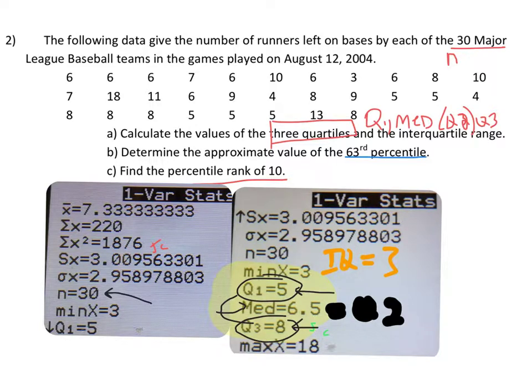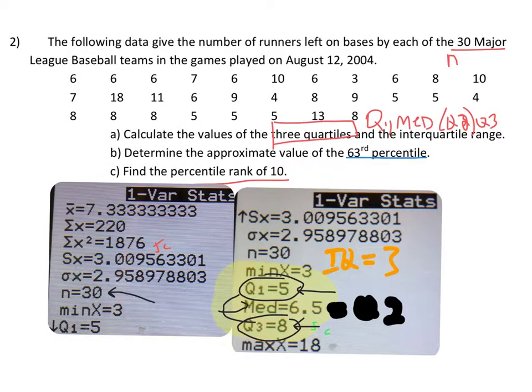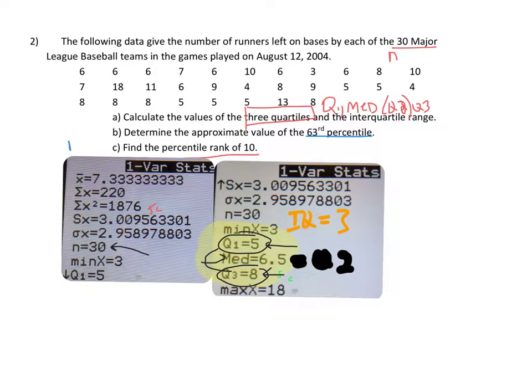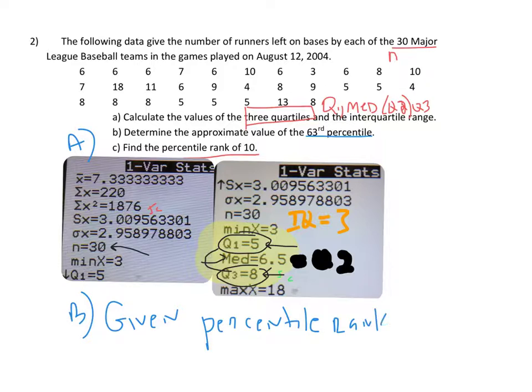Now what we have to do, in letter B, is find the approximate value for the 63rd percentile. Anytime you are given a percentile rank, you're going to be using the formula that says take the percentile rank, which in this case is 63, divide it by 100 to turn it into an approximate percentage, and then multiply that by the number of numbers, which in this case is 30.